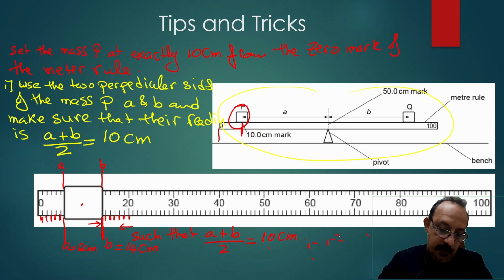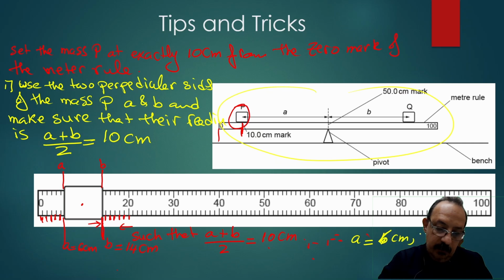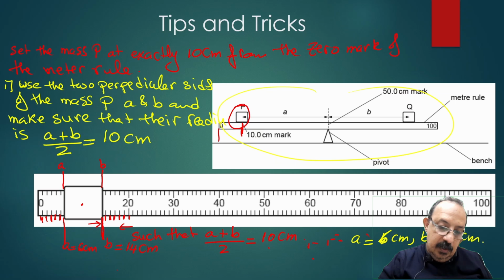Therefore, A is equal to 6 centimeter, B is equal to 14 centimeter.